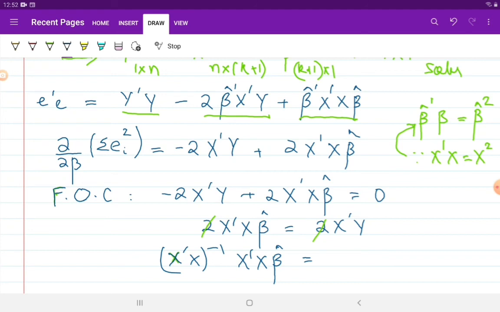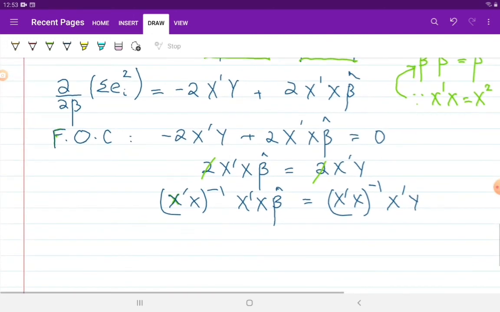Remember, when I'm pre-multiplying, that means I'm putting the term on the left. So this is how I'll write it.